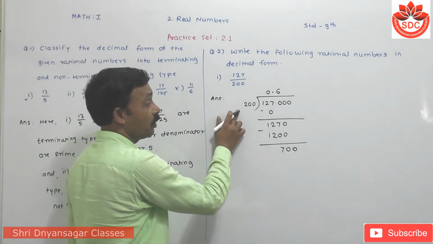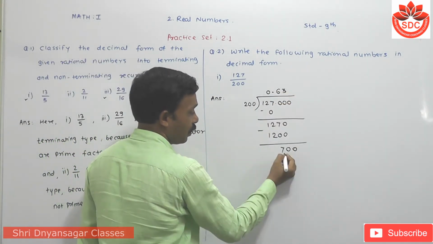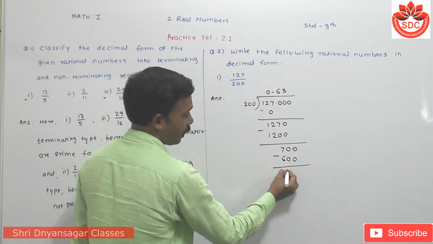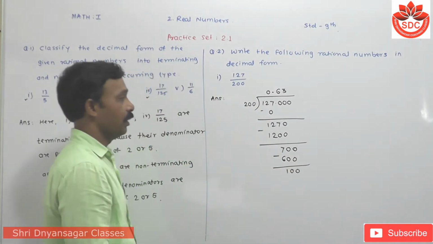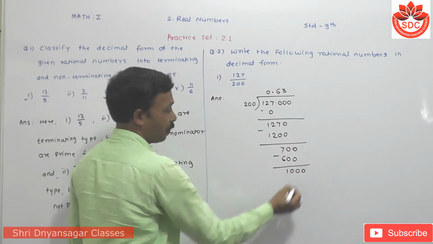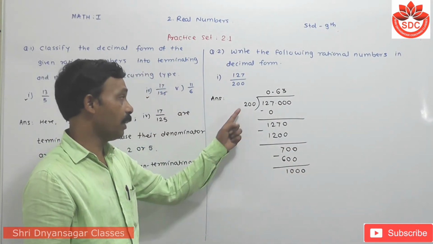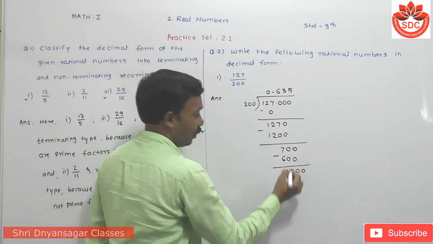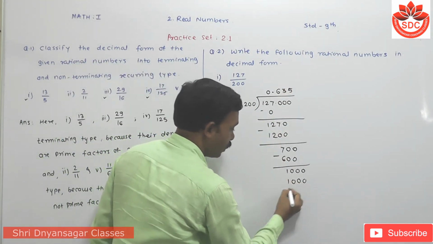Then 200 into 3 becomes 600. Now when we subtract it, the subtraction becomes 100. Then we take again a 0 here. Now if you multiply 200 by 5, it becomes 1000.